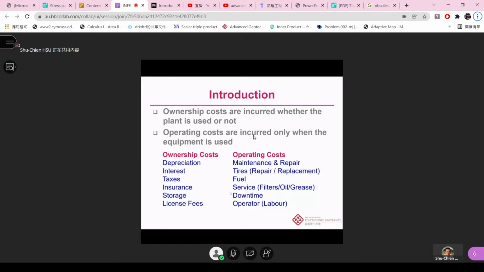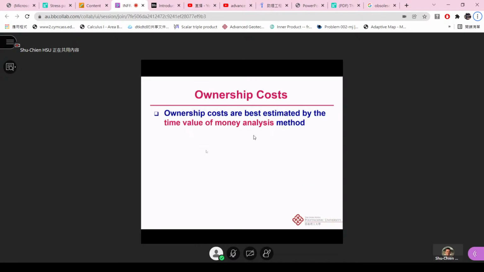And for the operating costs: maintenance and repair, tires, fuel, service, downtime, and operator. These are all the things we need to consider, so we will go into the detail and calculate based on these categories one by one. That's why I really want you to pay attention.